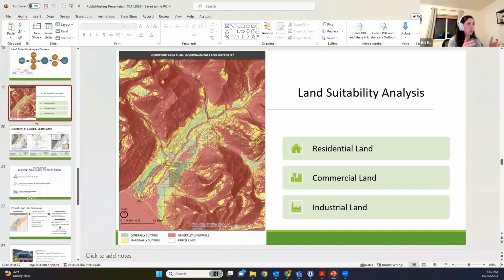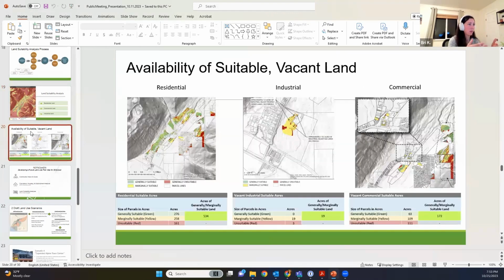Within all of those different environmental factors, we categorized elements that were suitable to build, marginally suitable, and unsuitable, and layered those all together to develop this land suitability analysis. That really tells us where development can happen, or where it is hindered due to some environmental factor. And that's an important step in developing the land use maps, in addition to all the other work.